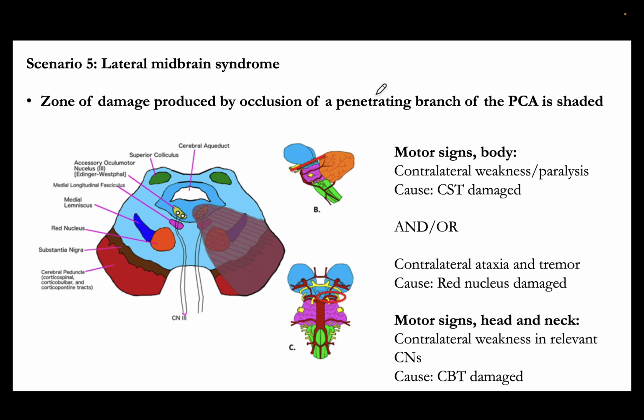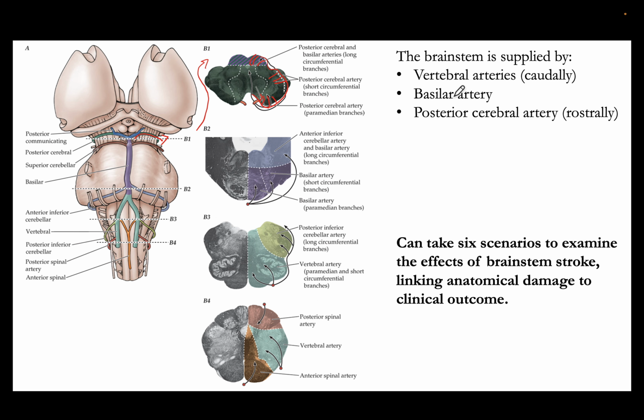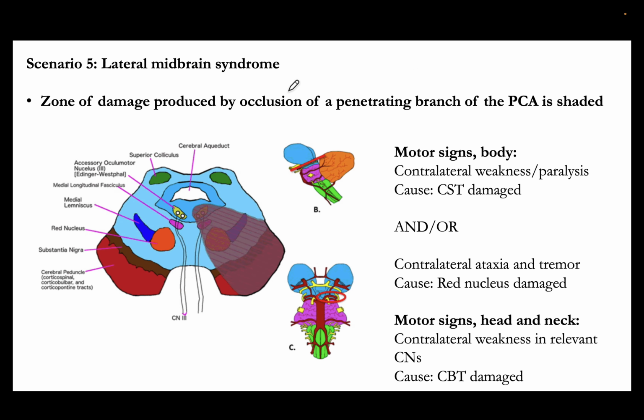So let's look at the lateral midbrain syndrome produced by a penetrating branch of the PCA. If we want to relate this schematic to this schematic, we could imagine it being a short circumferential branch, somewhere midway along its length, and that would take out a lateral wedge of the midbrain. So the motor signs here for the body are now due to damage of the cerebral peduncle.